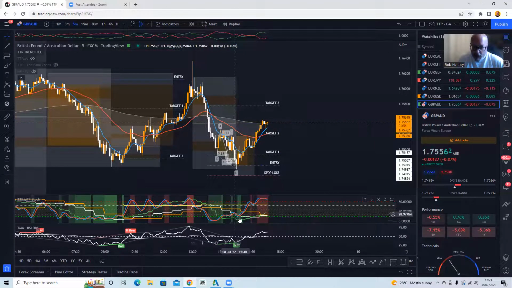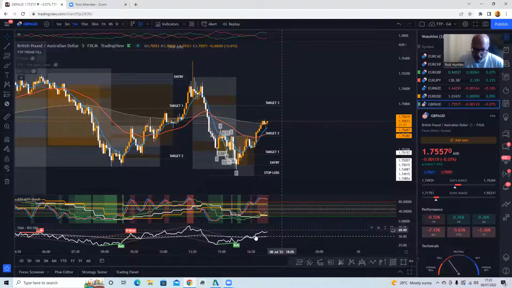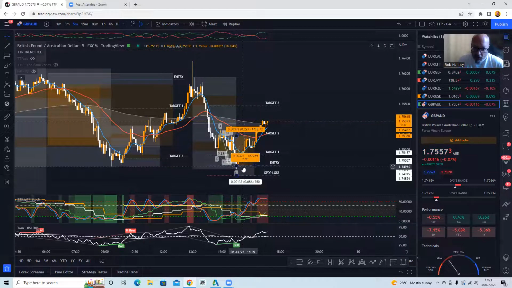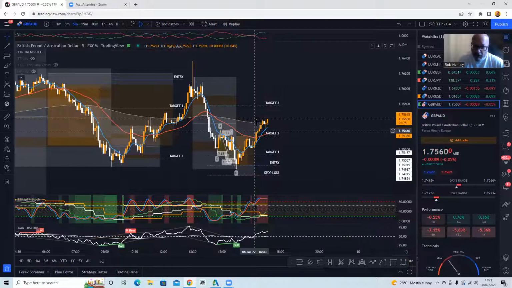We'd had a collection of time frames down in the extreme on the multi-time frame stochastic, and as you can see at the bottom there, we've got a bull signal on the TMA RSI divergence as well. So multiple confirmations. I got in pretty much at the suggested entry level, and then took that for just shy of 40 pips, even though I could have possibly taken that higher.